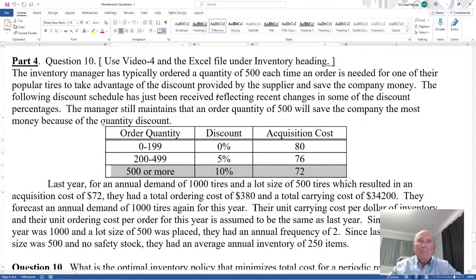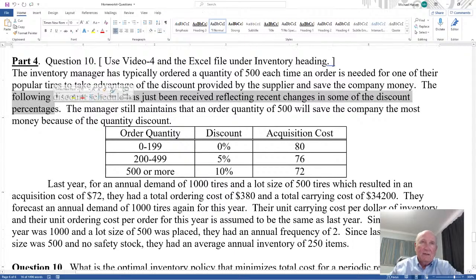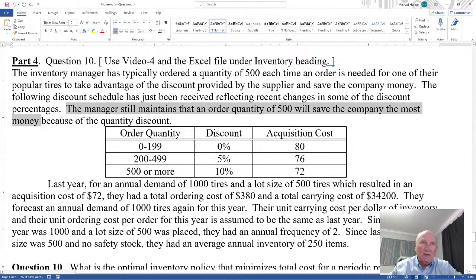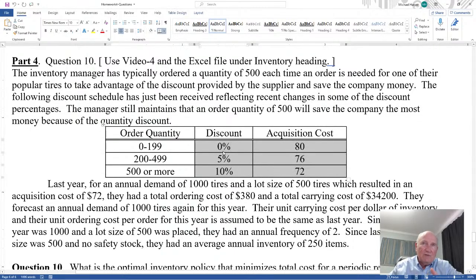But the following discount schedule has just been received, reflecting recent changes in some of the discount percentages. The manager still maintains that an order quantity of 500 will save the company the most money because of the quantity discount. He says, fine, I don't care, these numbers have changed, but still, from these numbers, I can still save 10% and save $8 per tire.